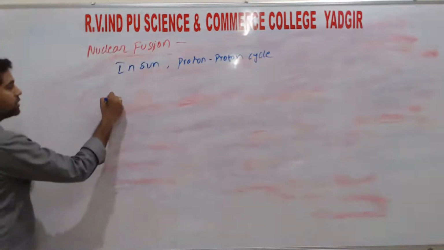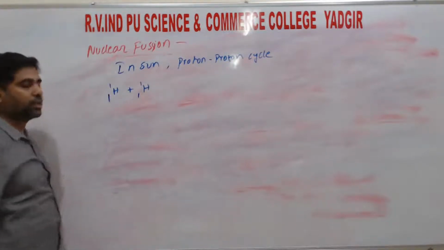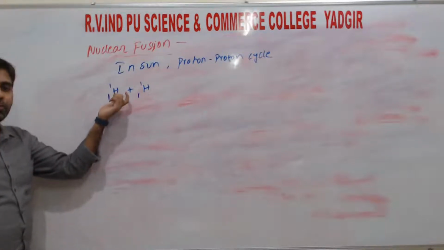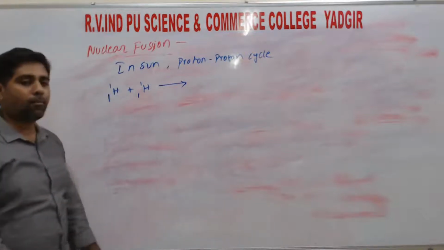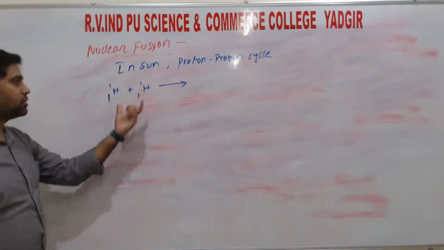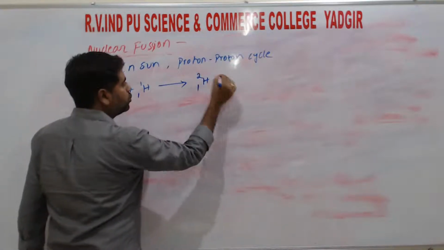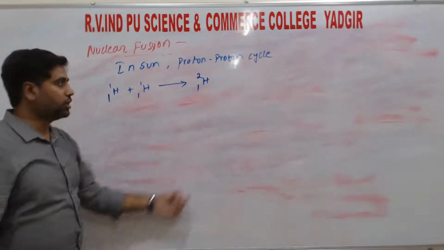It starts from the first equation, when two protons, that is hydrogen having mass number 1, are called protons. Then these two protons combine, that is fuse, to form 1H2, that is deuteron. This is also an isotope of hydrogen, right?